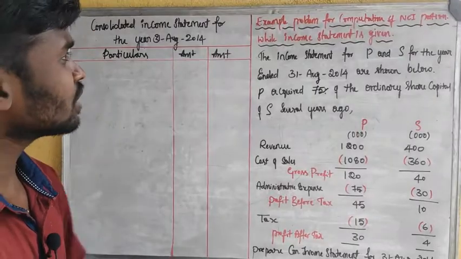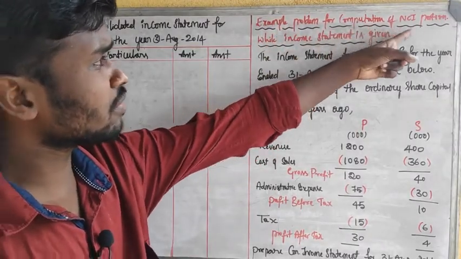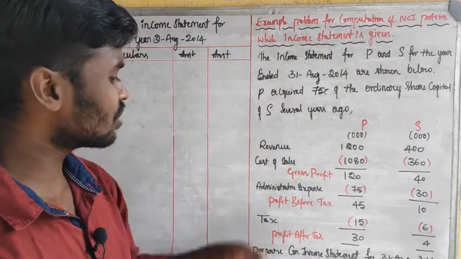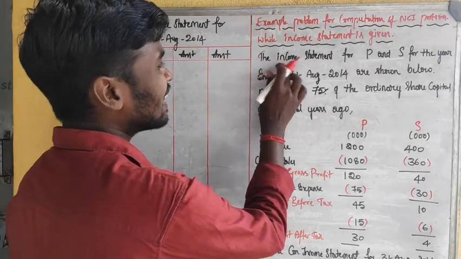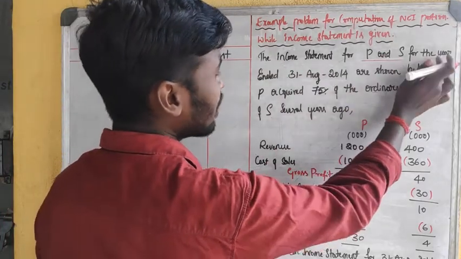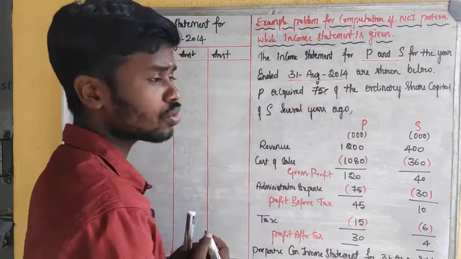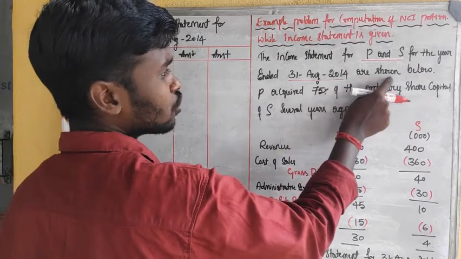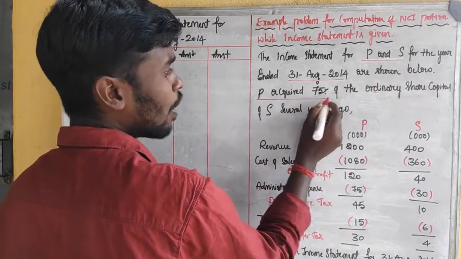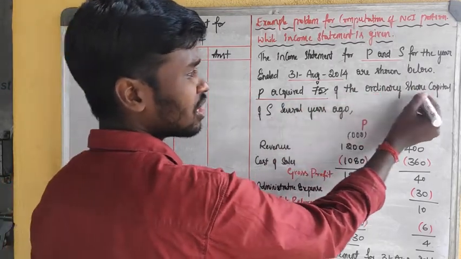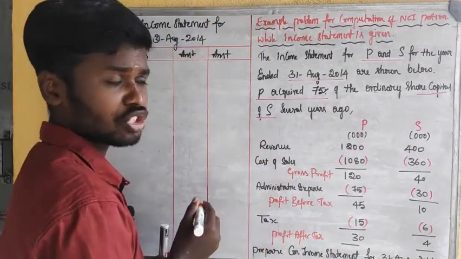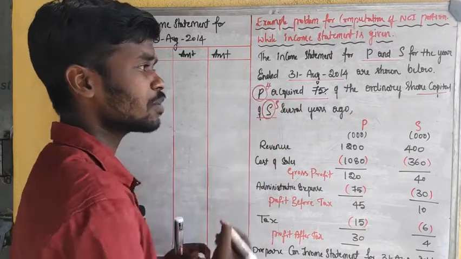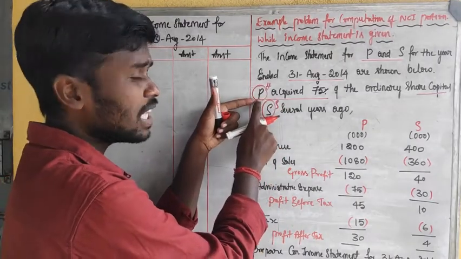Now let's take the example problem for computation of non-controlling interest portion when the income statement is given. Okay, so this is the example problem. The income statement for P and S for the year ended 31st August 2014 is given. P Limited acquired 75% of the ordinary share capital of S Limited, which means P Limited becomes the holding company and S Limited becomes the subsidiary company.